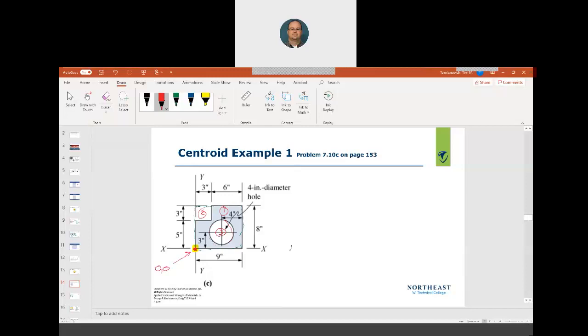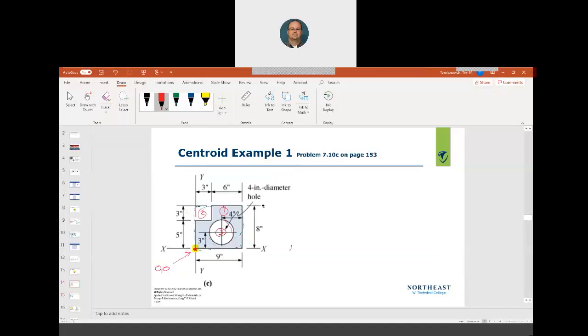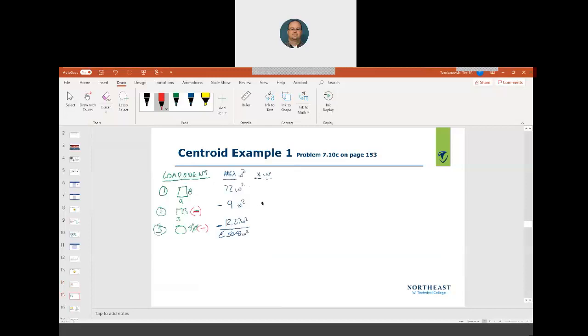Now, for component 1, we're measuring x, so when I look at my table, I'm measuring the x distance. Halfway across the square as a whole, I'm ignoring all the other shapes, I'm just pretending it's a big solid block. I know it's 4.5 inches.